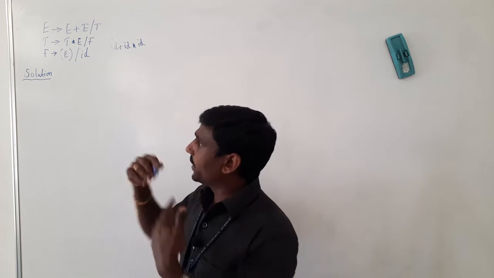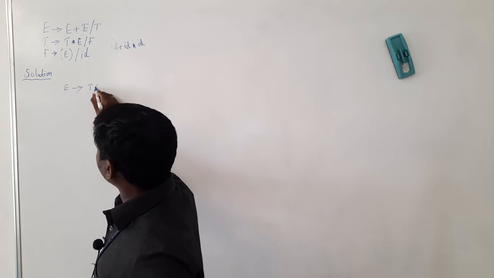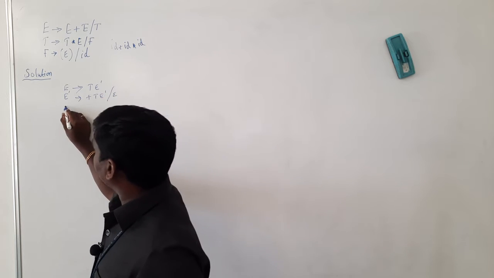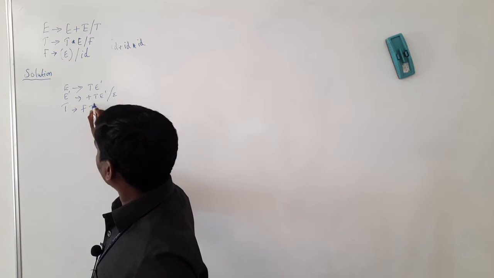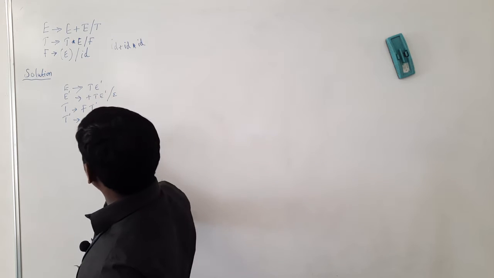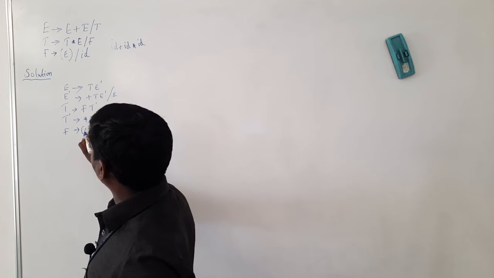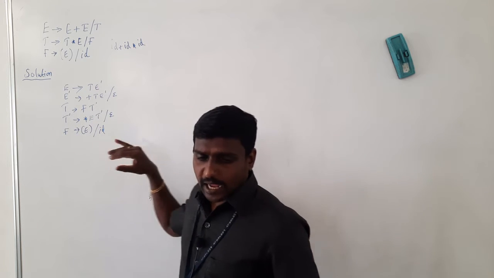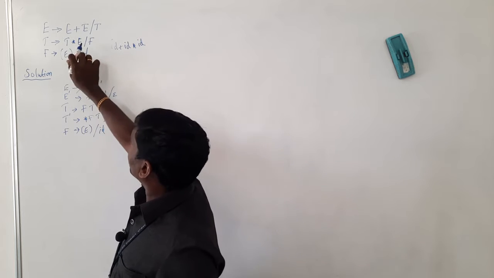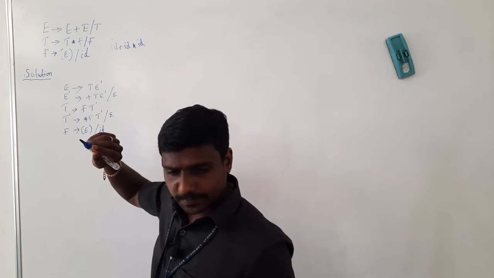After eliminating left recursion, I will get the grammar like this: E tends to T E dash, and E dash tends to plus T E dash or epsilon, and T tends to F T dash, and T dash tends to star F T dash or epsilon, and F tends to open brace E close brace or ID.